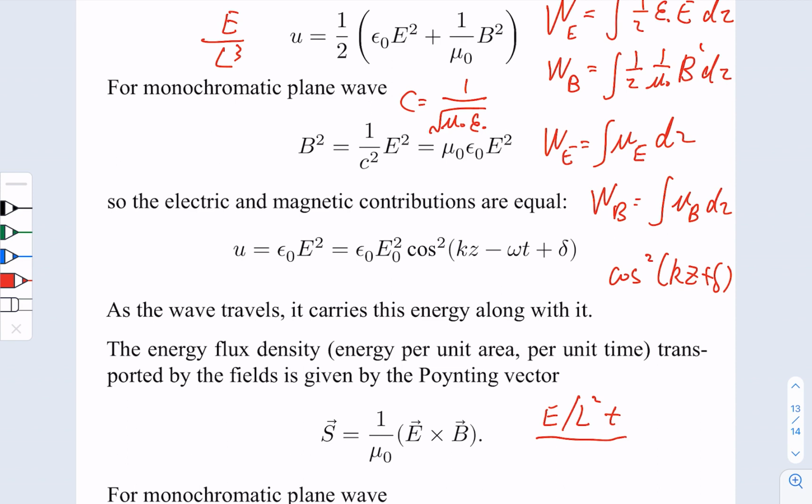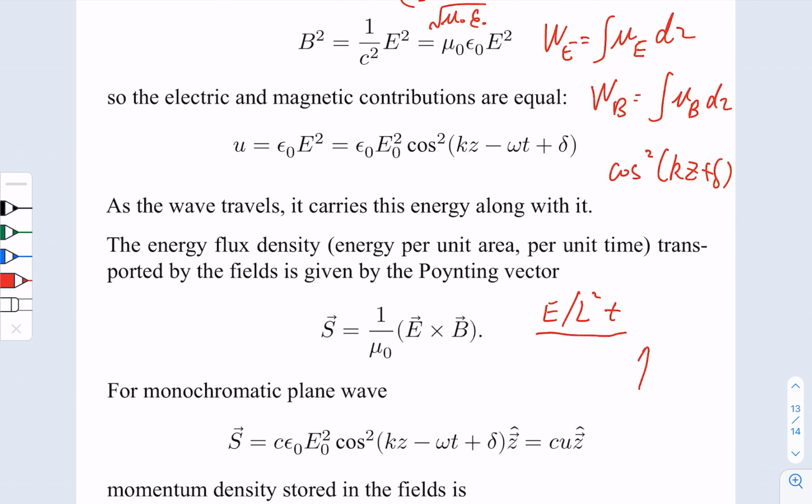Remember that say we have an electric field along the x direction, and a magnetic field along the y direction. Then the propagation direction is along the z direction. For this case, the Poynting vector is x cross y, which equals z.